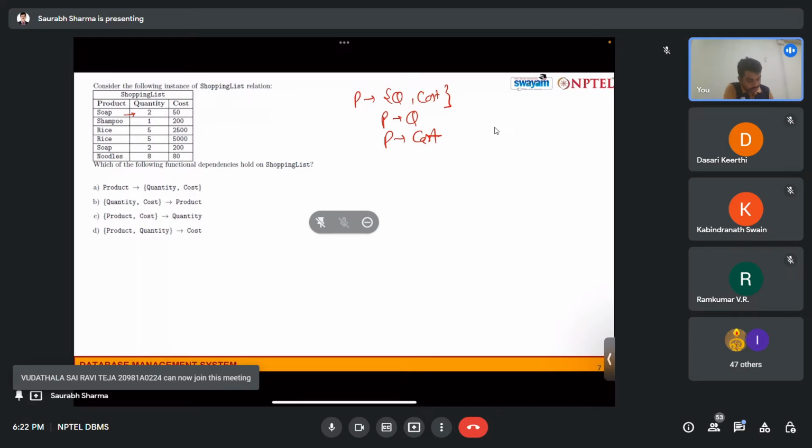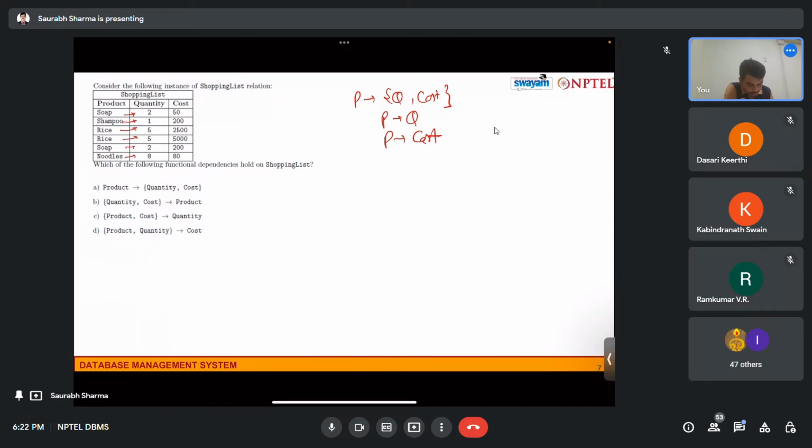Is P able to determine this quantity? Let's see. For each of the tuples, we have some quantity. But if we consider rice, rice is having 5. Yeah. So P is able to determine Q.